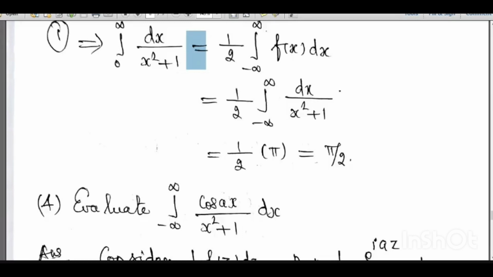So after finding the value of the integral from 0 to 2 pi, multiply by 1 by 2, and you will get the original integral from 0 to pi of f of theta d theta.